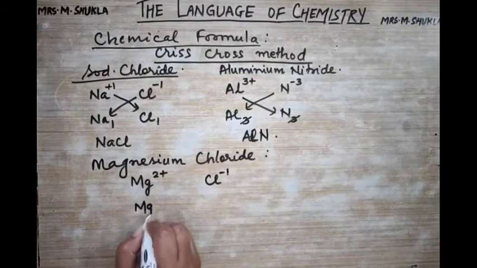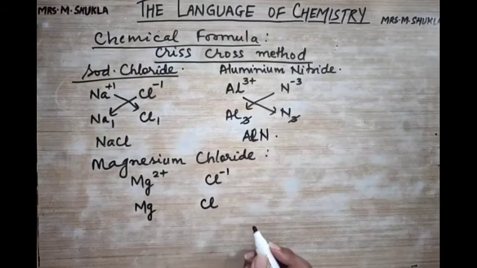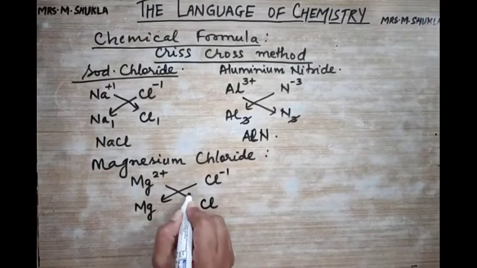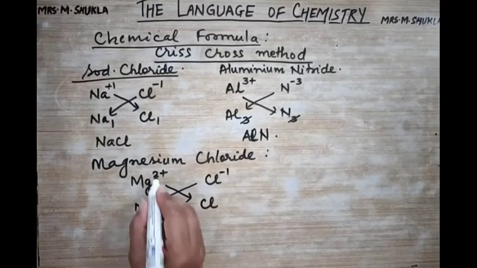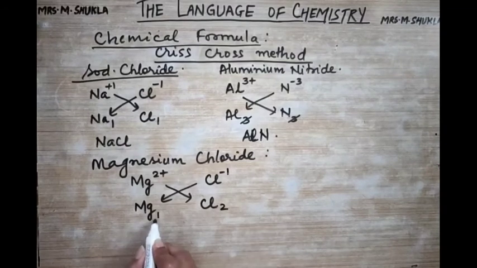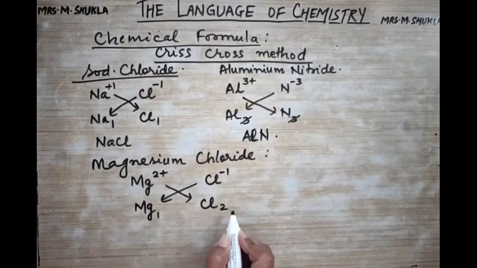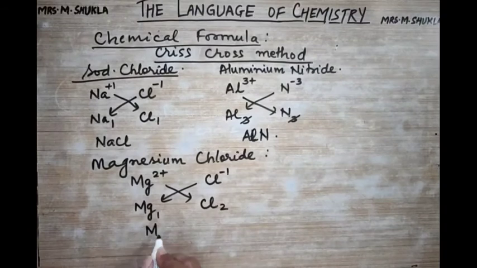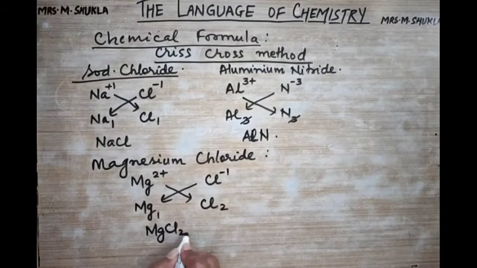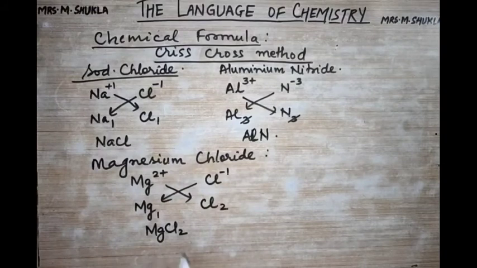Write down your elements. Now crisscross, 1 comes here, 2 comes here. 1 has no meaning, 2 has meaning, but we cannot cancel out. So what is the formula that it becomes? MgCl2. Magnesium chloride formula is MgCl2.